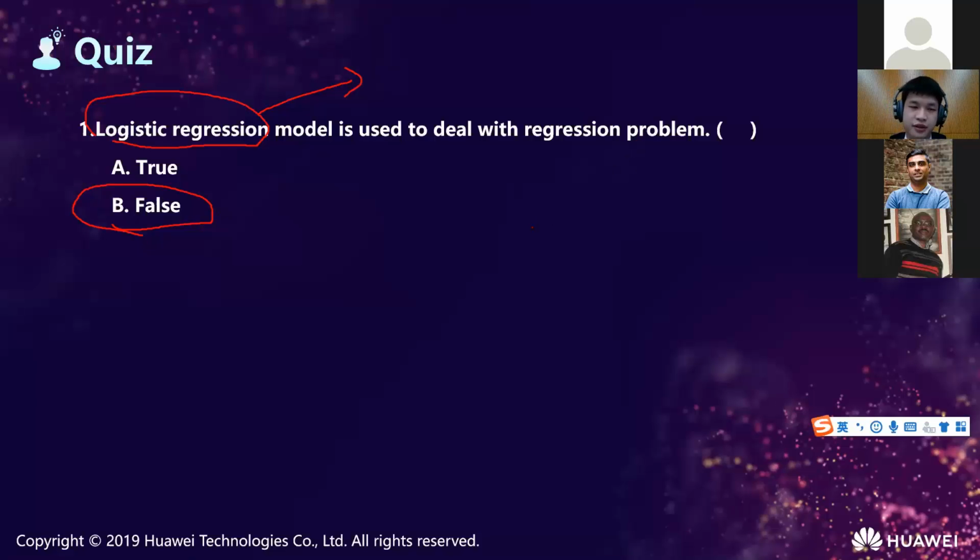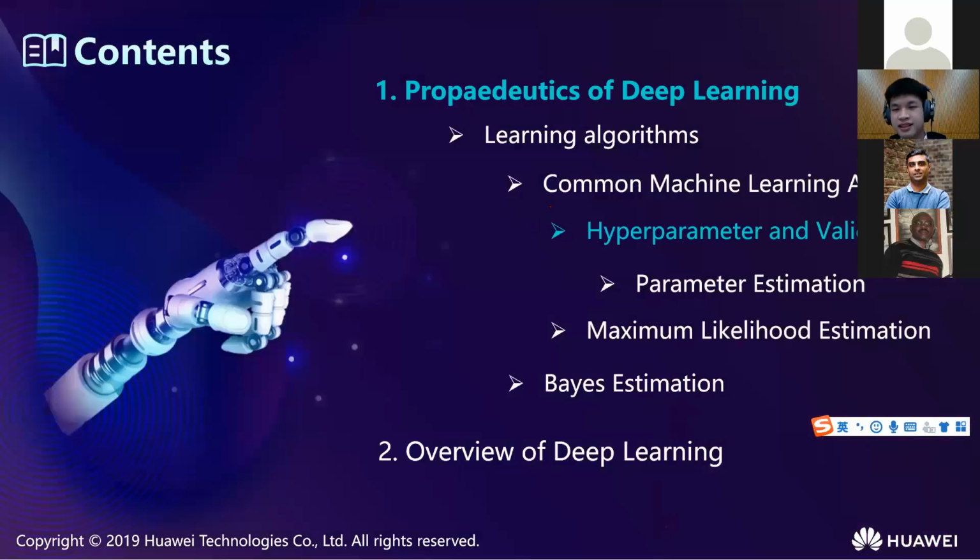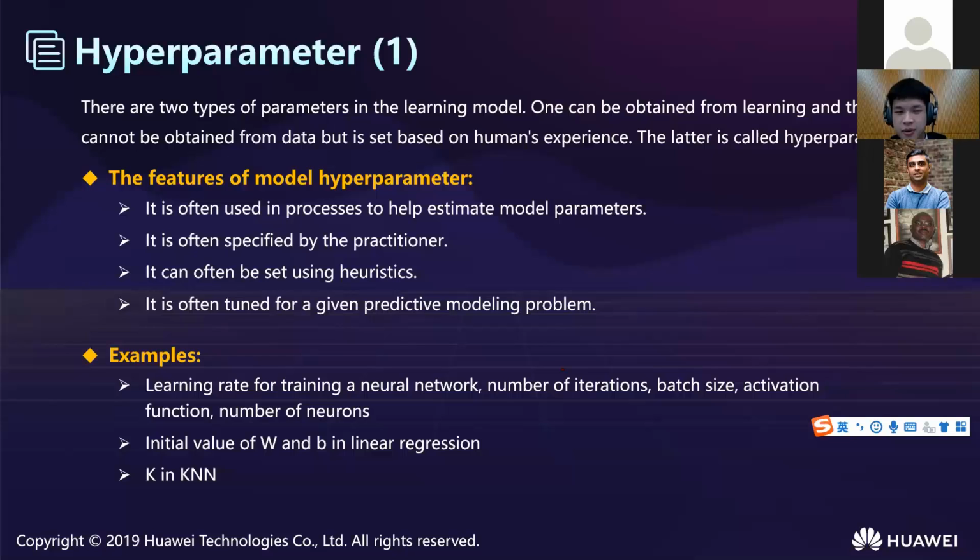Okay, thank you. And then I will tell you something about the hyperparameter. The hyperparameter is a parameter that we cannot change during the training. For example, yesterday one friend talked about the learning rate, right?